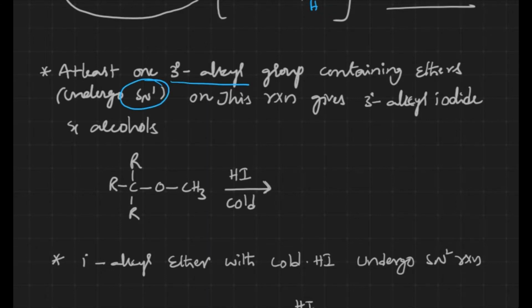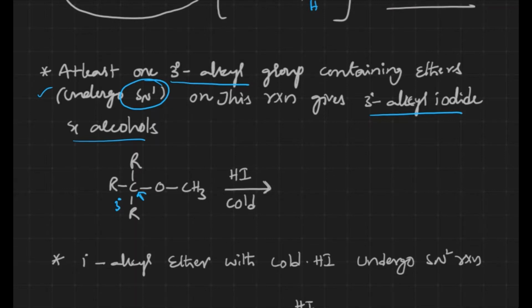Why SN1 reaction? In the SN1 reaction an intermediate is present, that is the carbocation. Tertiary carbocations are relatively more stable, because of which they undergo SN1 reaction, and this reaction gives tertiary alkyl iodide and alcohols. Now we have one substrate with one tertiary alkyl group and a methyl group. The tertiary one readily undergoes SN1 reaction. Bond breaking takes place, and a carbocation is generated on this particular carbon.